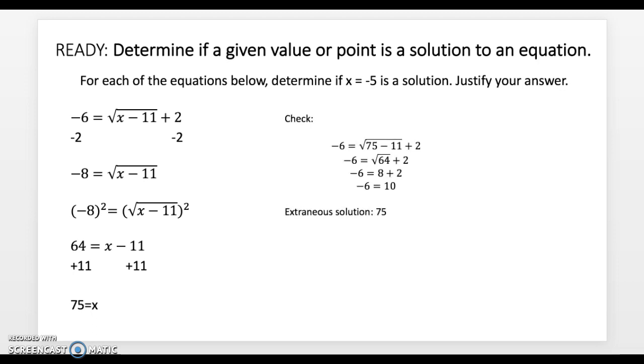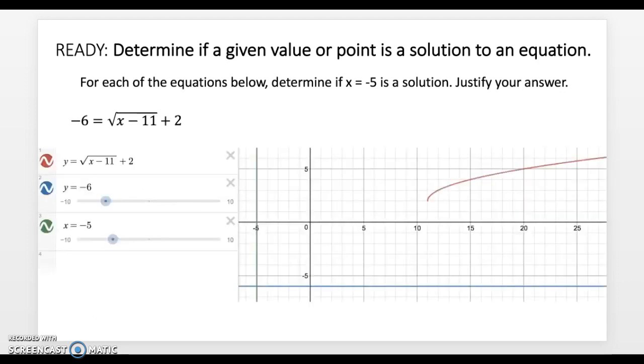It also happens to be an extraneous solution. If you check it, this is not possible, as we would see in the graph, because the other way that we could figure out if x equals -5 is a solution is we could graph x equals -5 and the two sides of the equation. In red, you can see the square root of x minus 11 plus 2.